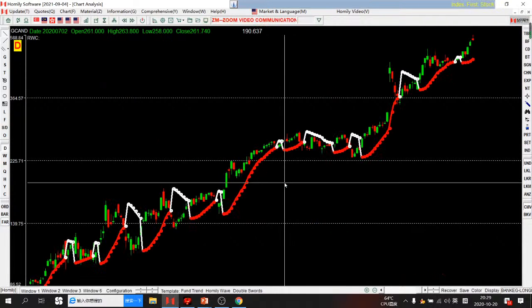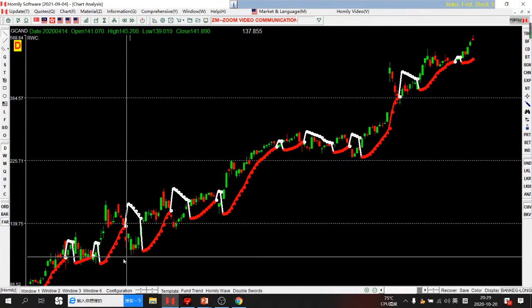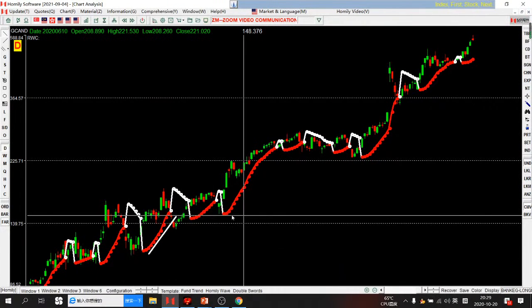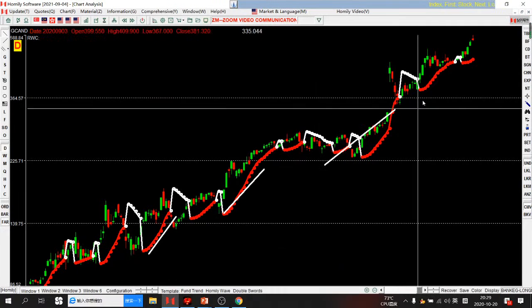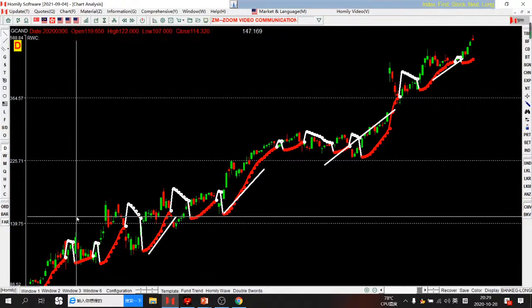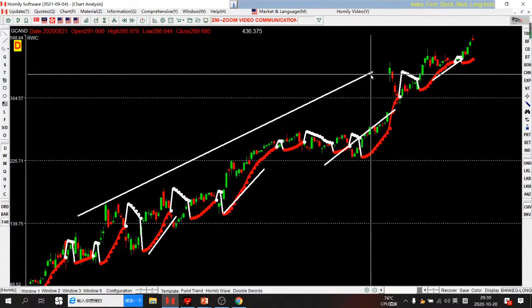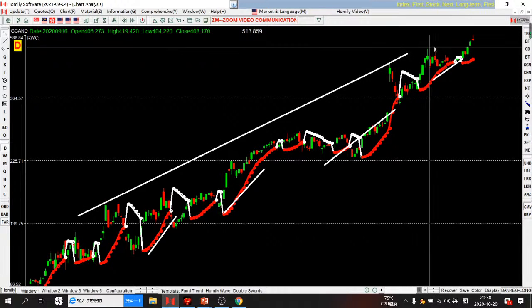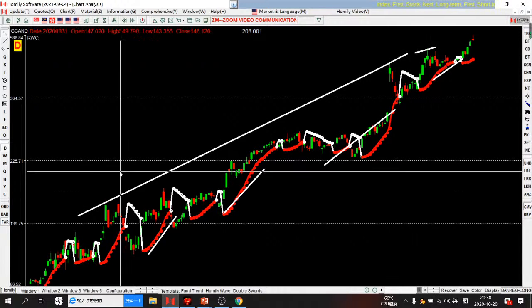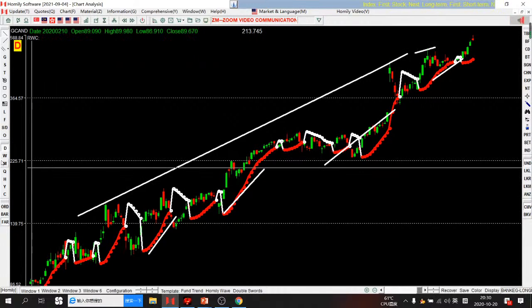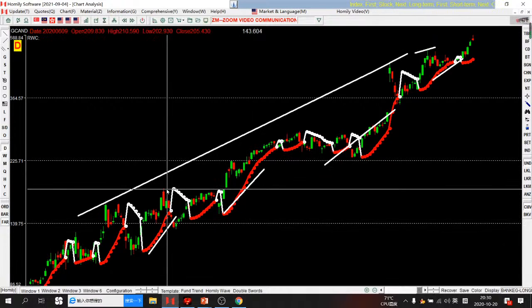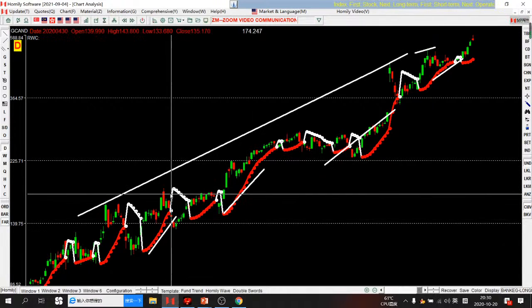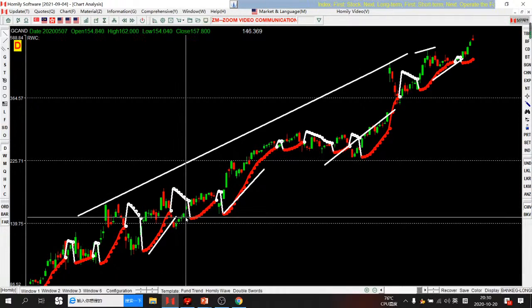For example, this stock has a lot of red circles. So in fact, the share is moving upward. Sometimes there are daily movements, a short-term correction.